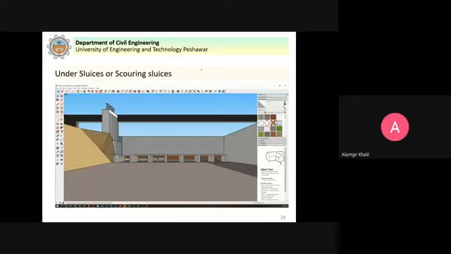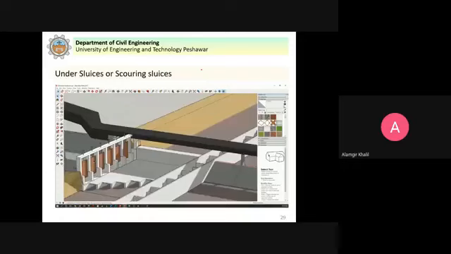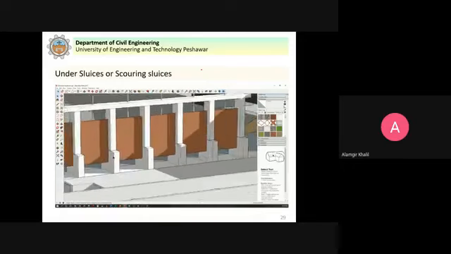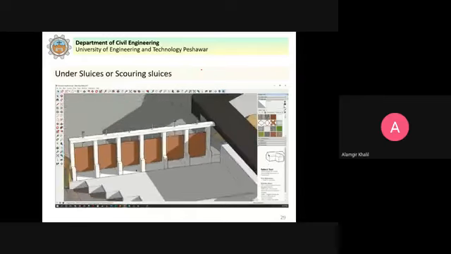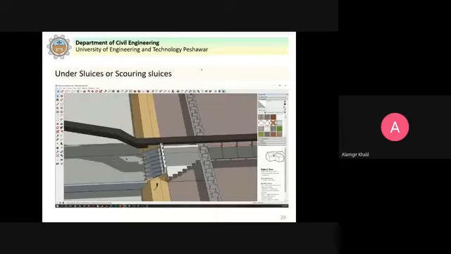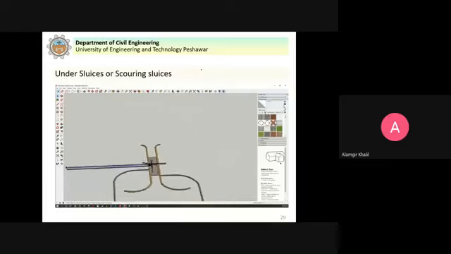You see the gates are open. These are under sluices. By opening these under sluice gates, the silted water can move to the downstream side. So in the canal, clear, relatively silt-free water will flow.